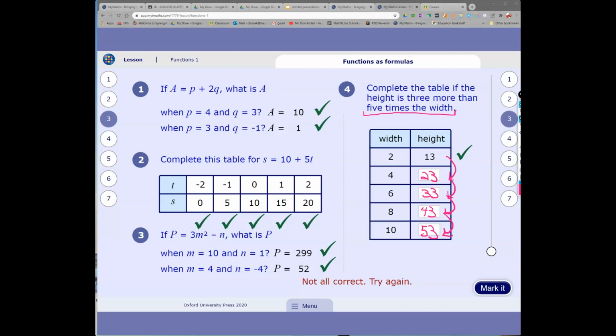Now something kind of interesting here is if we look at our common difference as you go through this, it's 10. Yet it says 5. So why is that? The reason this is a little bit different, where we were increasing by an amount of 10 instead of 5, is because the width is increasing.